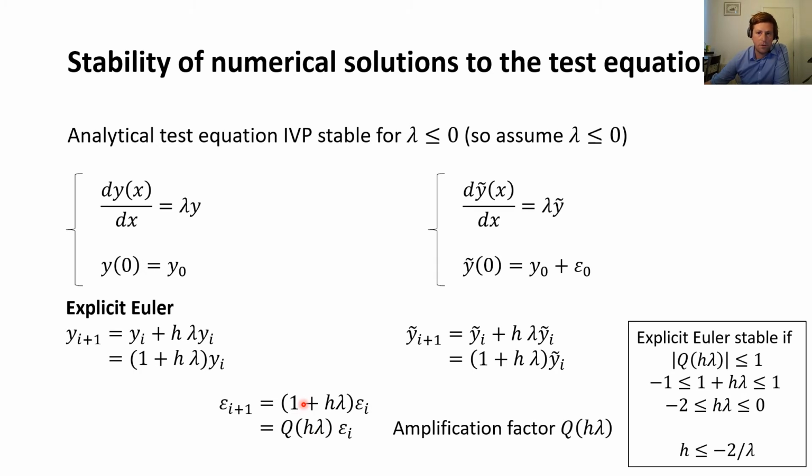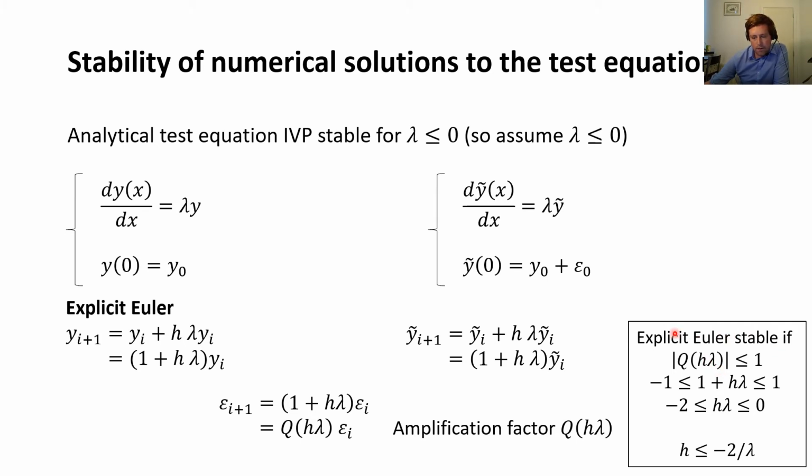If it is larger than 1, it will start to oscillate or it will blow up without bounds. It will always blow up without bounds. It might oscillate if the amplification factor is negative, but if the absolute value is larger than 1, it will blow up without bounds. So it's unstable.